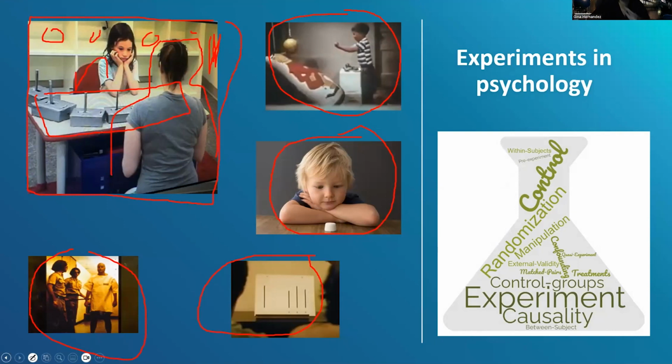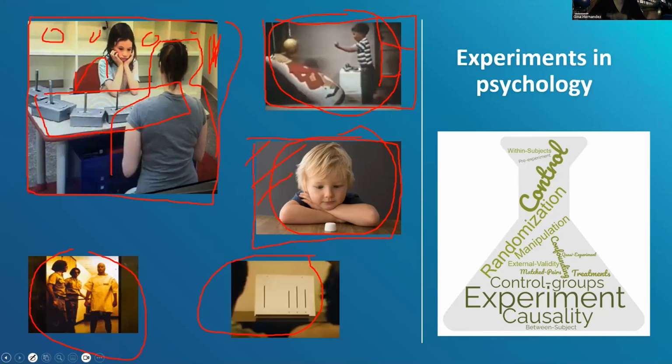So this is why all of these experiments are done in controlled settings. As you can see here, also very sterile. There are not many things. And also here, there are few things. And if you have something in the experiment, it should be there for all the subjects.